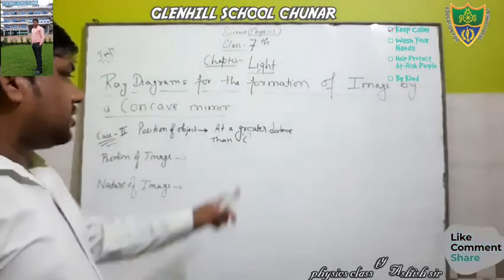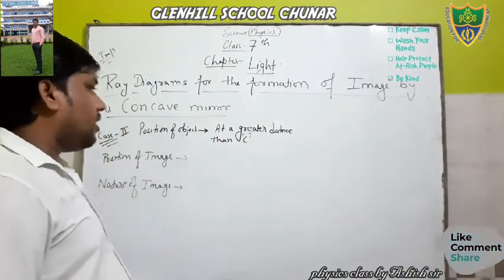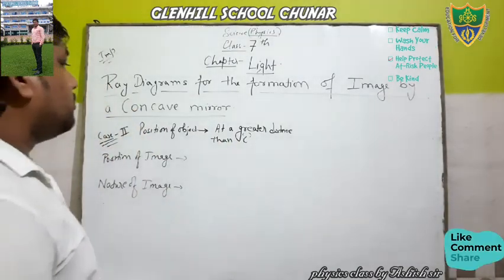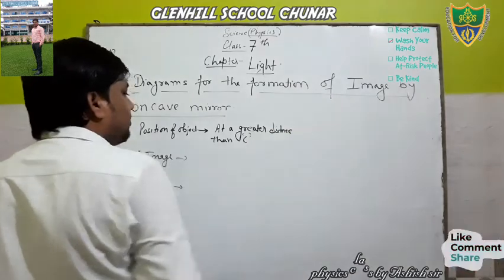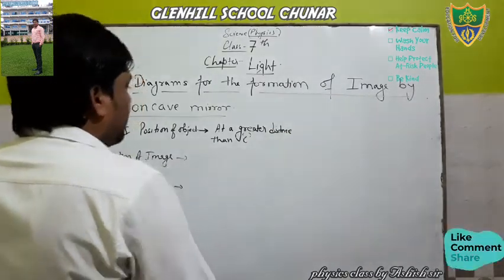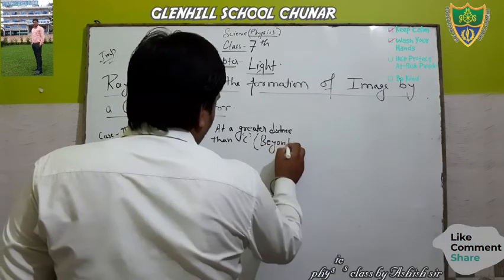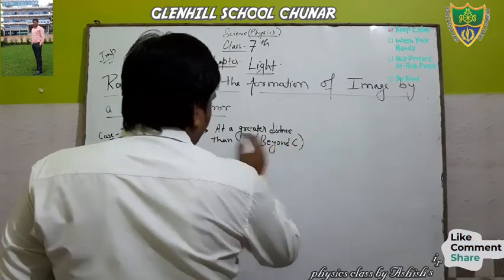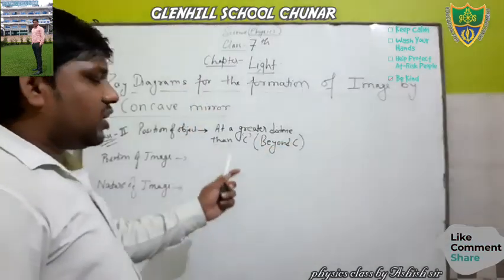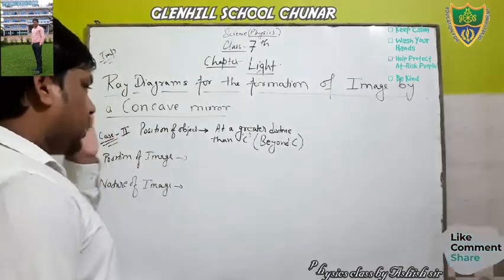Center of curvature. C means center of curvature. So simply you write beyond C. Beyond C means the object is placed before the center of curvature.